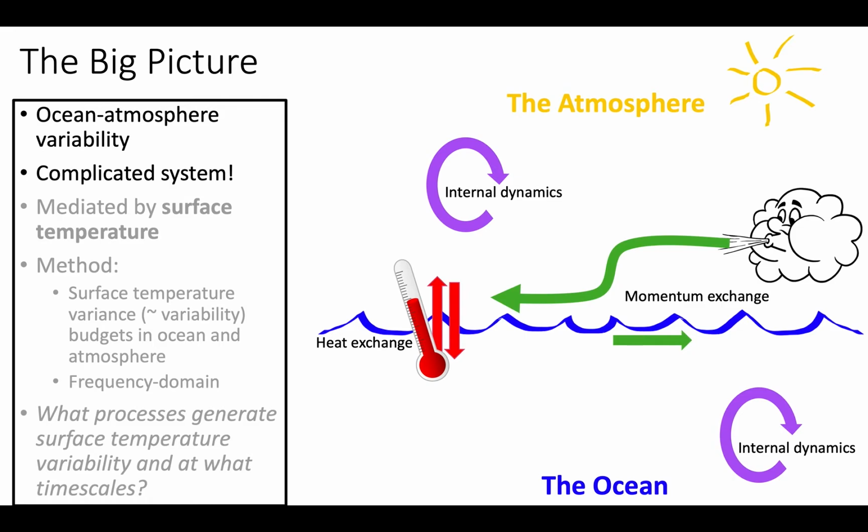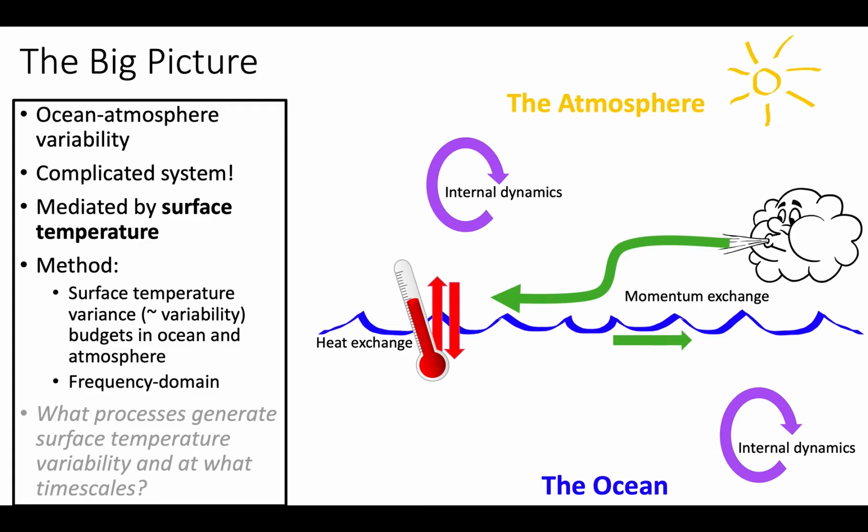We often look at ocean-atmosphere interaction by looking at the surface temperature field. So that turns out to play a significant role here. And the method that I will talk about here is that I will look at surface temperature variance. And by variance, I basically mean variability. And I'll be looking at budgets, which means kind of what makes up the surface temperature variance field.